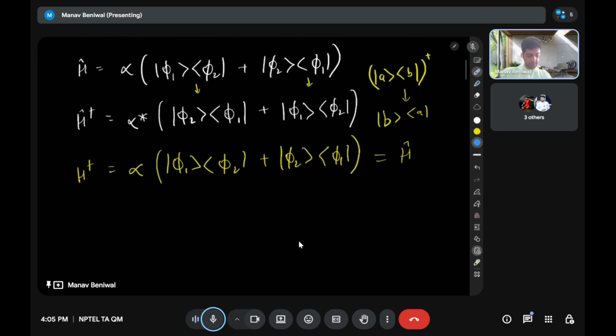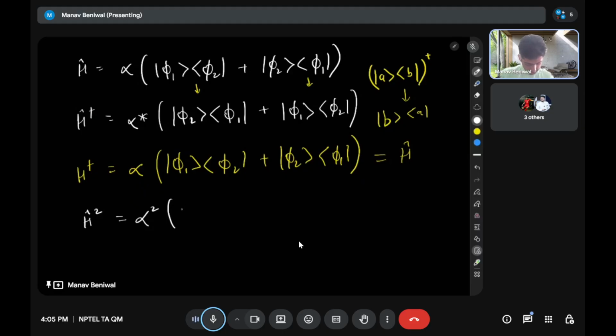For that we need to take H squared, right? So H squared will be alpha squared, and then this multiplication. When we multiply, what will we get?